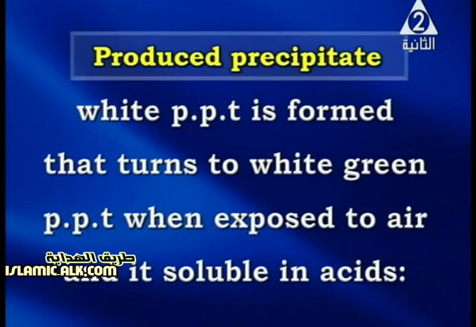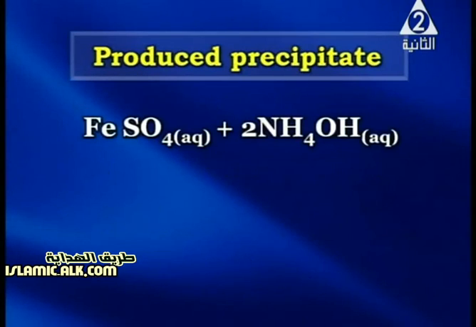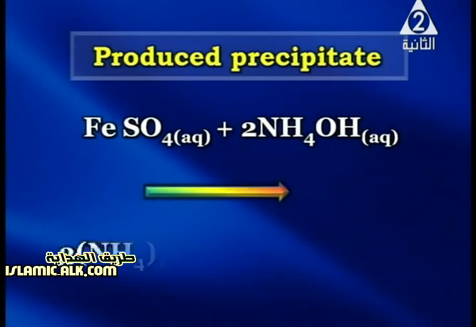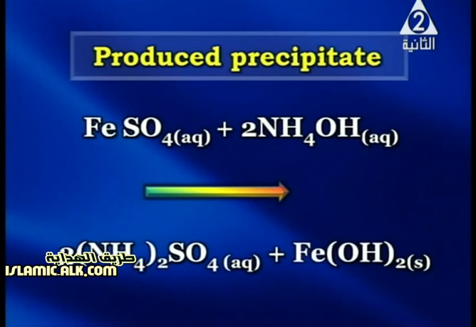This white precipitate turns to white-green precipitate when exposed to air, and it is soluble in acids. As the equation proceeds on the screen, iron 2 sulfate plus ammonium hydroxide gives ammonium sulfate and iron 2 hydroxide, which is white-green precipitate.